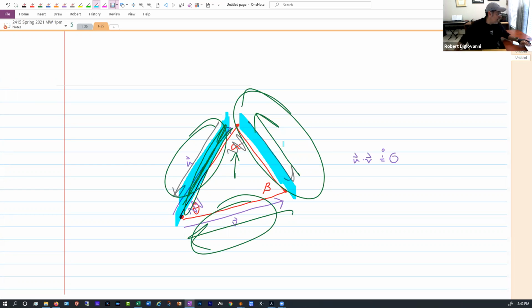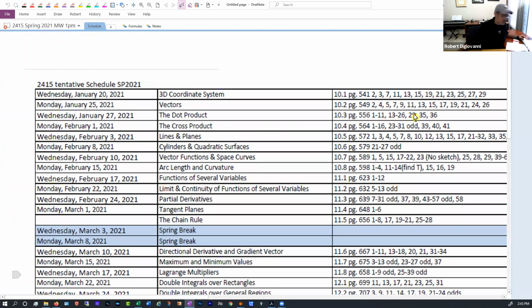As far as homework, make sure you've done everything in 10.1 and 10.2. This is 10.3, and we're not done with 10.3. For the 10.3 homework, from what we've covered, you can probably only go up through number 26.